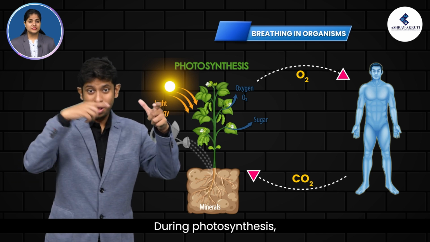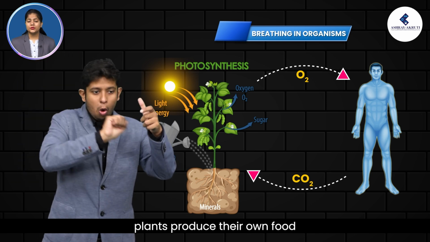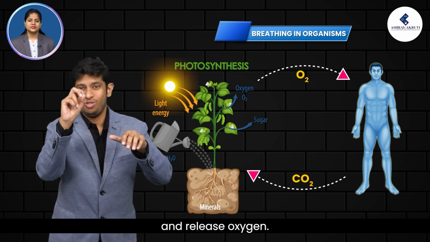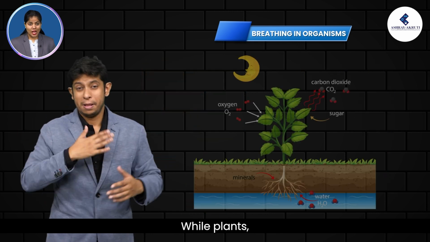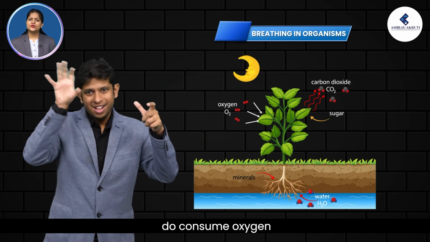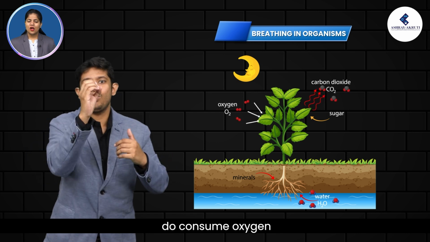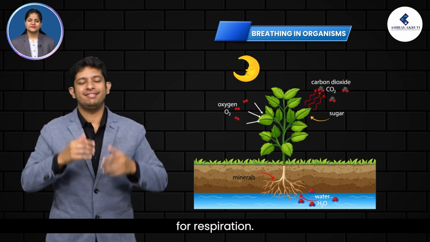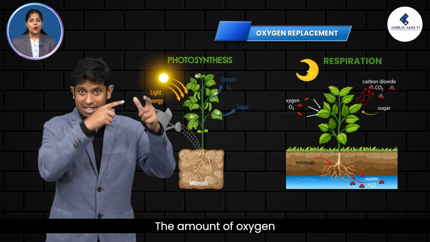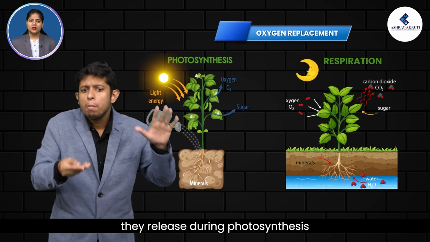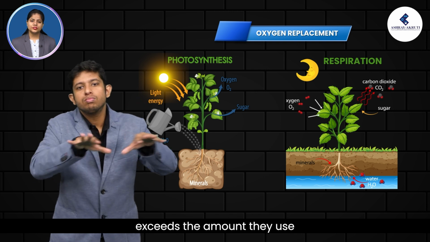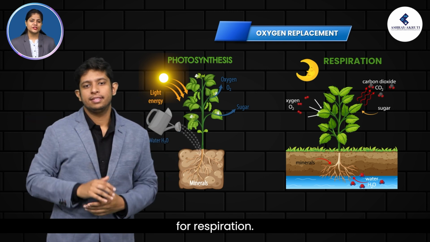During photosynthesis, plants produce their own food and release oxygen, while plants do consume oxygen for respiration. The amount of oxygen they release during photosynthesis exceeds the amount they use for respiration.